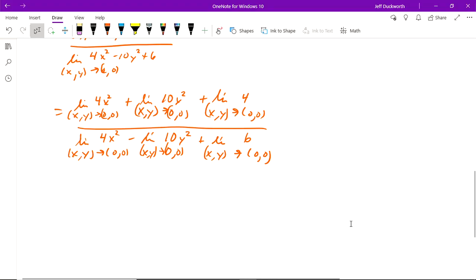So we're only evaluating the x values at the x component and only evaluating the y at the y component. So that gives us the limit as x approaches 0 of 4x squared plus the limit as y approaches 0 of 10y squared. And the limit of this 4 is just 4, so plus 4. That's our constant rule there.